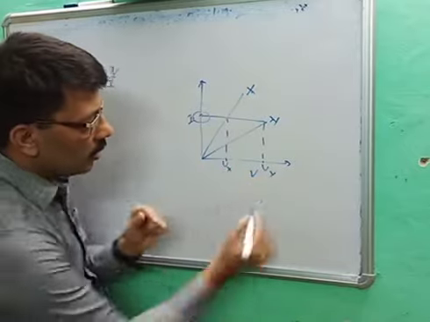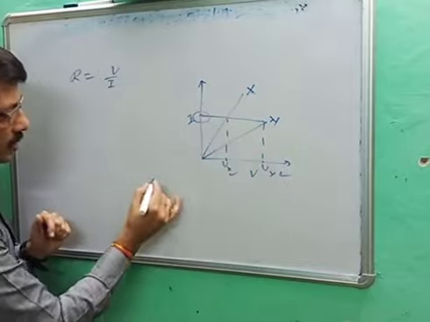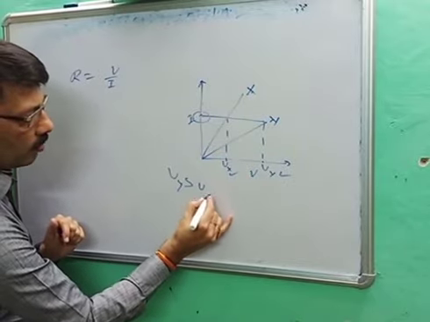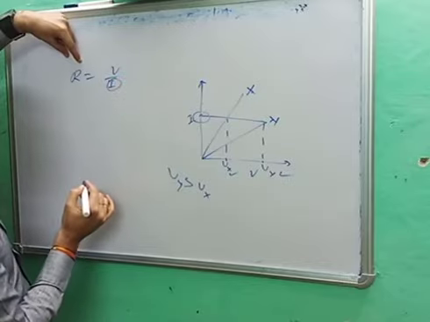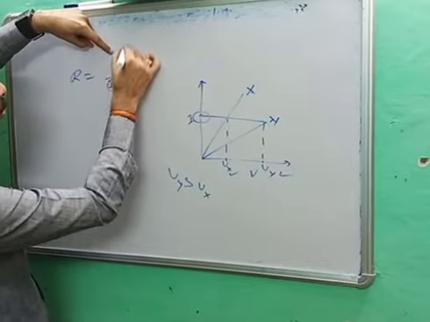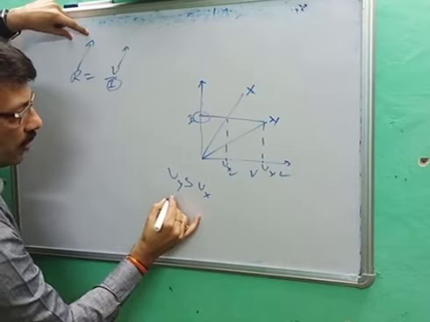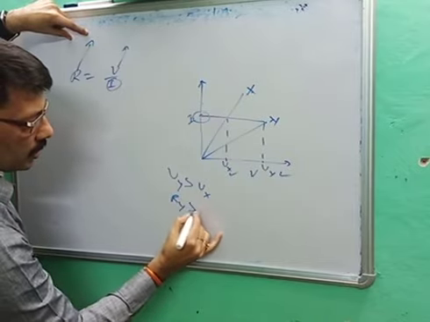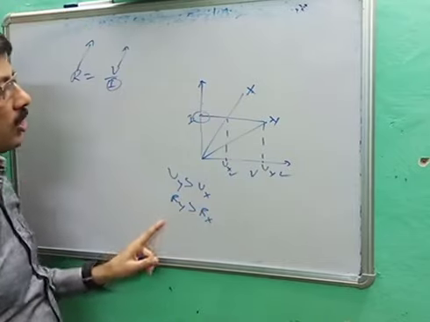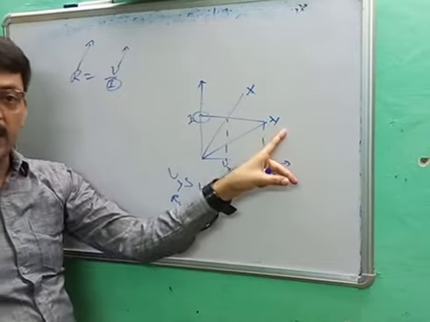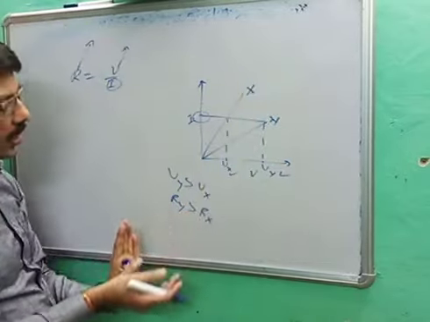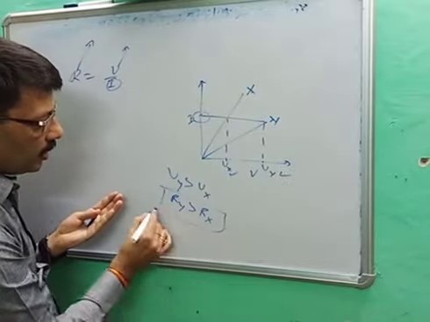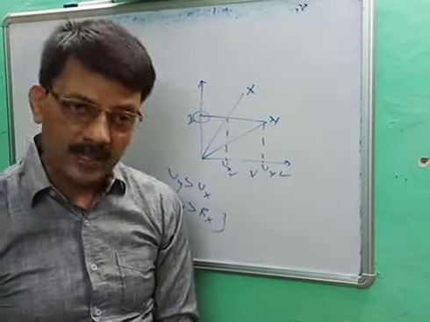We can see that Vy is greater than Vx. Since V is greater while current is constant, according to this formula, if V is more, resistance will be more, so we can find Ry is greater than Rx. The resistance of wire Y is greater than the resistance of X. By Ohm's law, we can find the answer easily. Ry is greater than Rx.